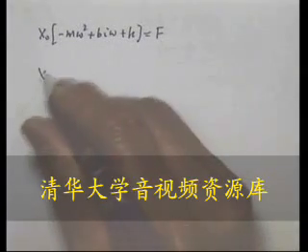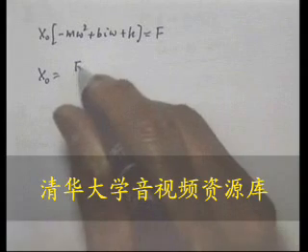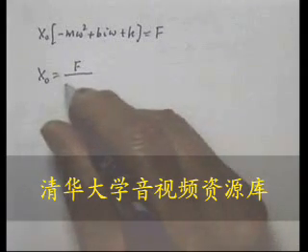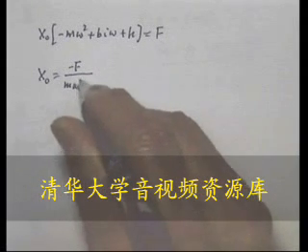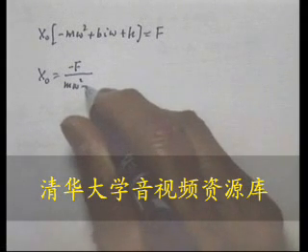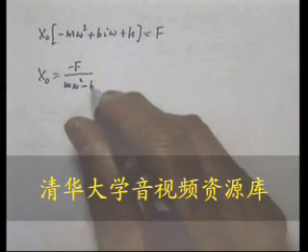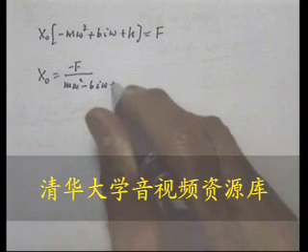So x0 is equal to f divided by minus m omega squared plus b i omega plus k.